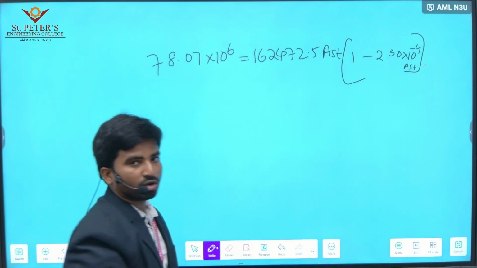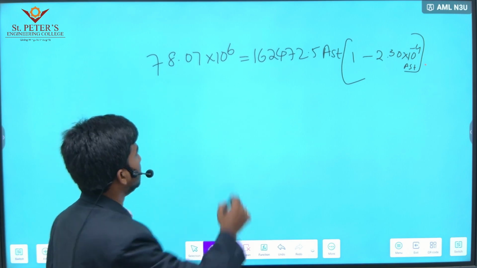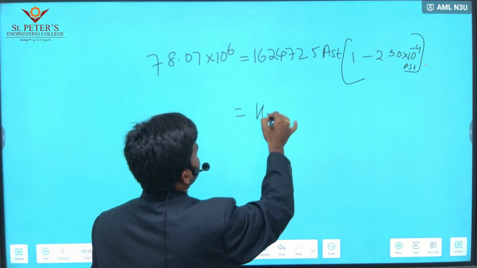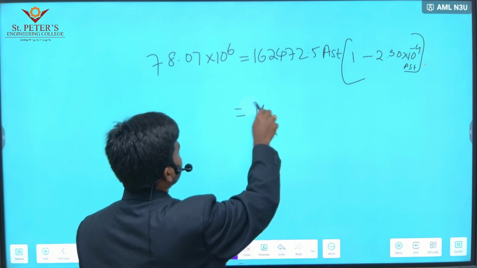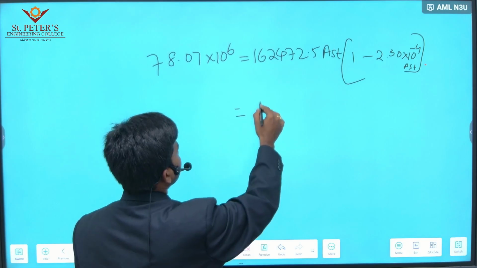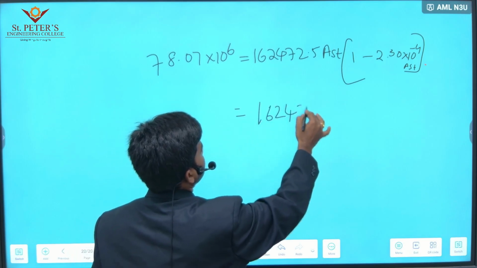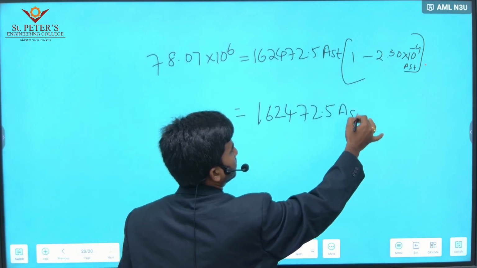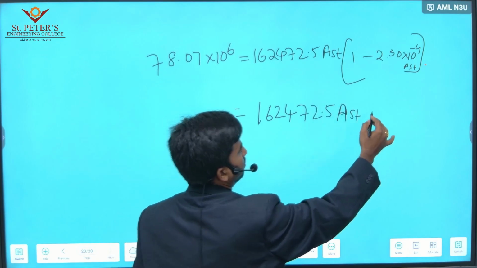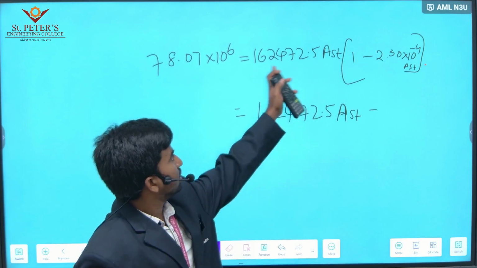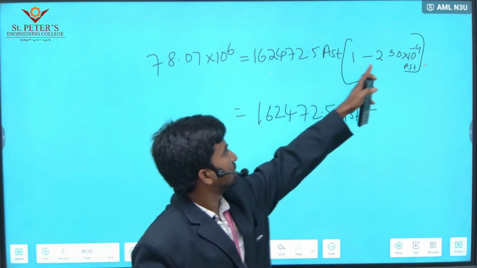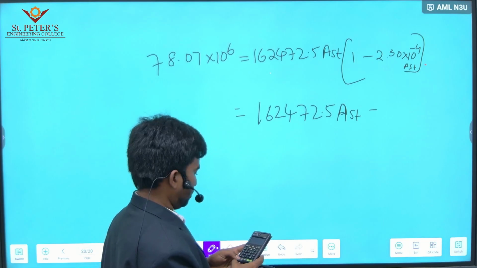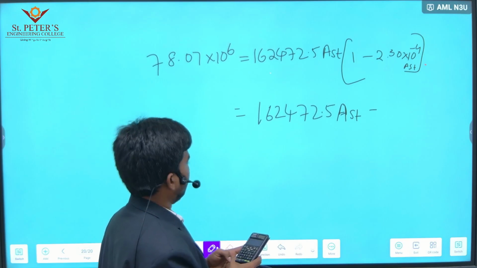This is in the format of ax square plus bx plus c. This is c and this is x. 162472.5 multiply with 1, again it gets AST, minus multiply this value with again this multiply 162,472.5.